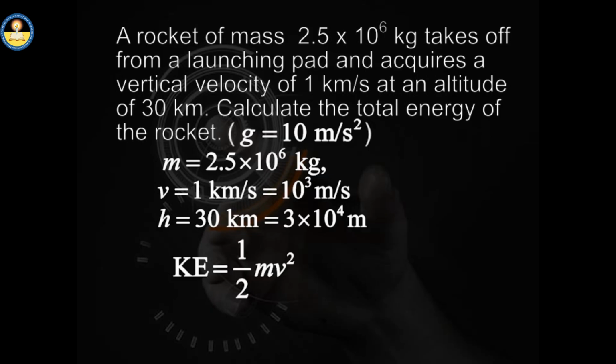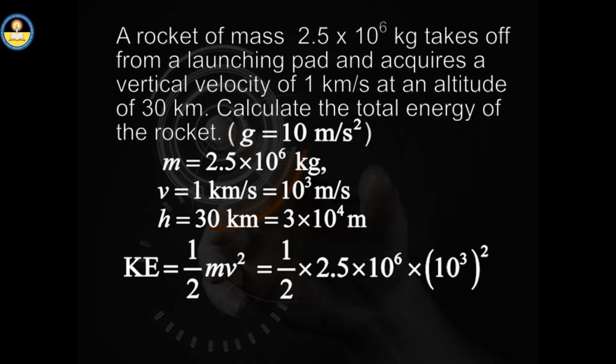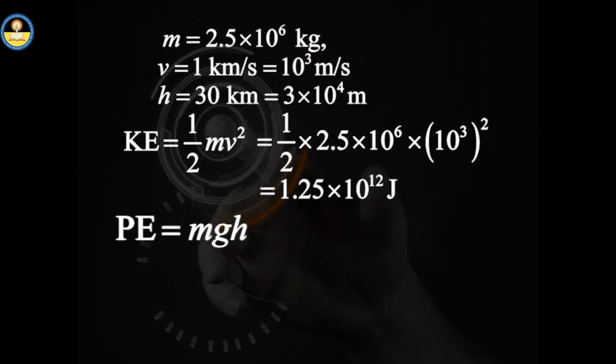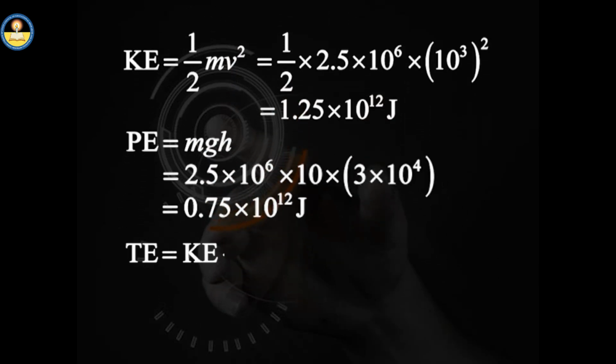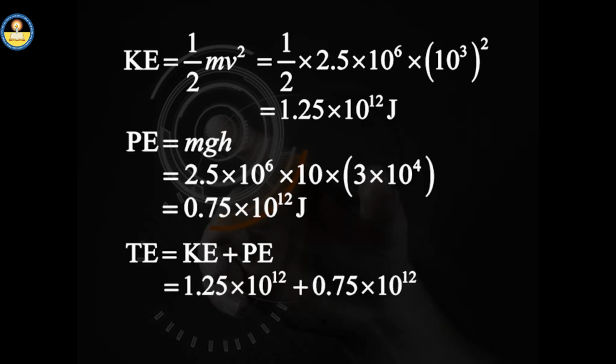Kinetic energy of the rocket at the altitude of 30 kilometers comes out as 1.25 multiplied by 10 to the power 12 joules, and the potential energy comes out as 0.75 multiplied by 10 to the power 12 joules. Therefore, the total energy, that is the sum of kinetic and potential energy, comes out to be 2 multiplied by 10 to the power 12 joules.